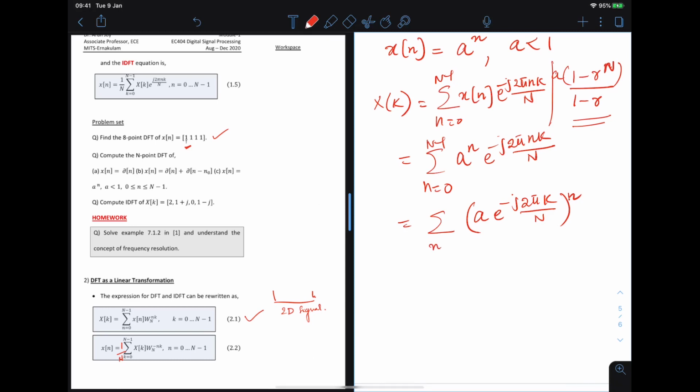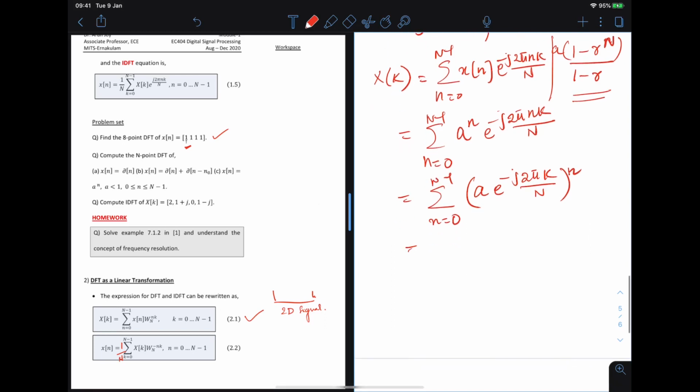So this is a sum to n terms of a geometric progression. Instead of r you have this to be your r.